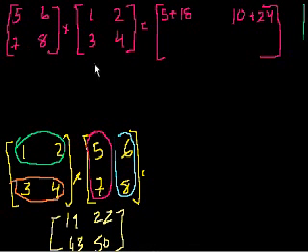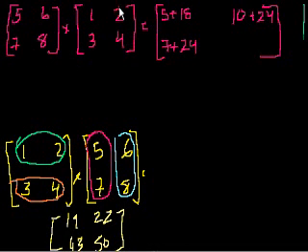Now we're down here for the second row. So this element right here, the bottom left, is going to use this row and this column. So this is 7 times 1 plus 8 times 3. 8 times 3 is 24. And then finally, to get this element, we're essentially multiplying this row times this column.